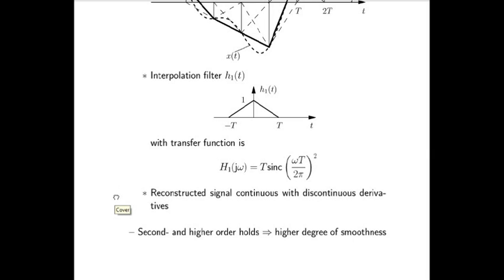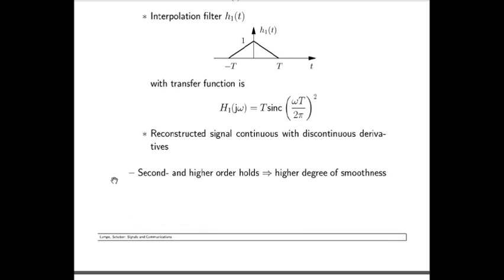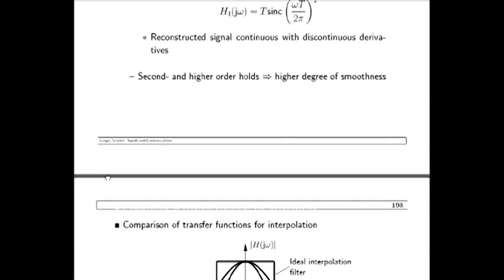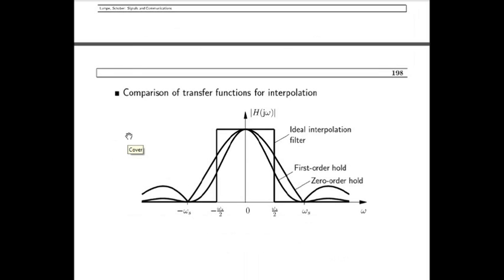So this was the first order hold interpolator, and as we go to second and higher order hold interpolators, the smoothness of the curve increases. This is the comparison of interpolation transfer functions.